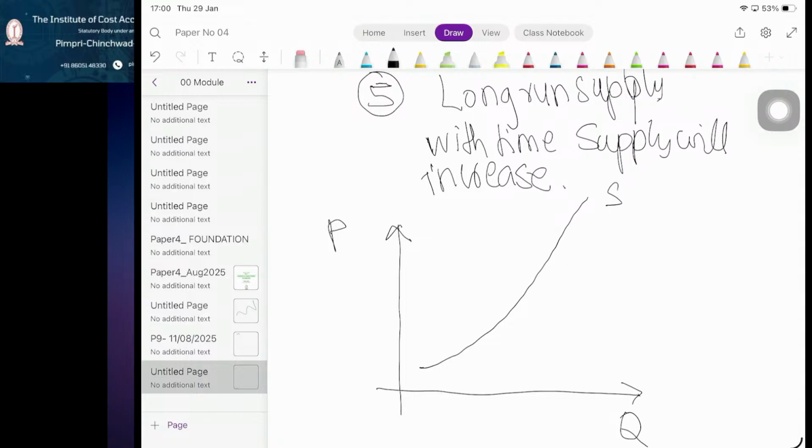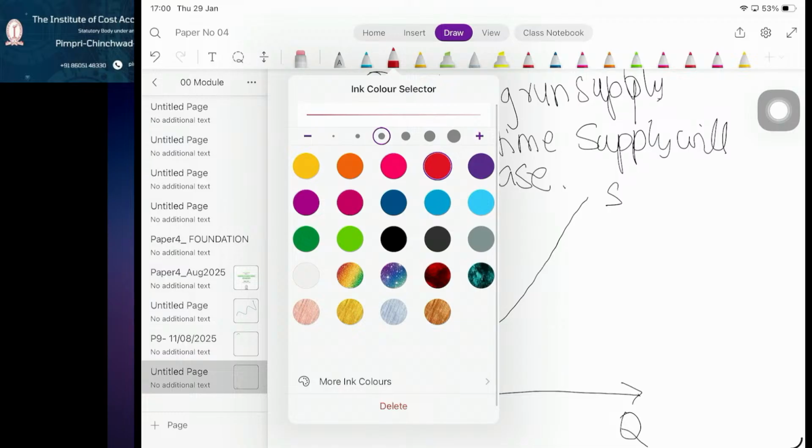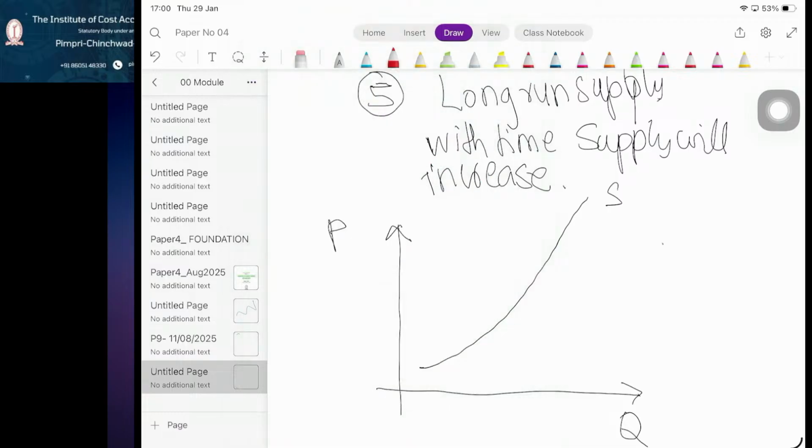Suppose this product was very energy intensive and there is an increase in the cost of fuel. What will happen?